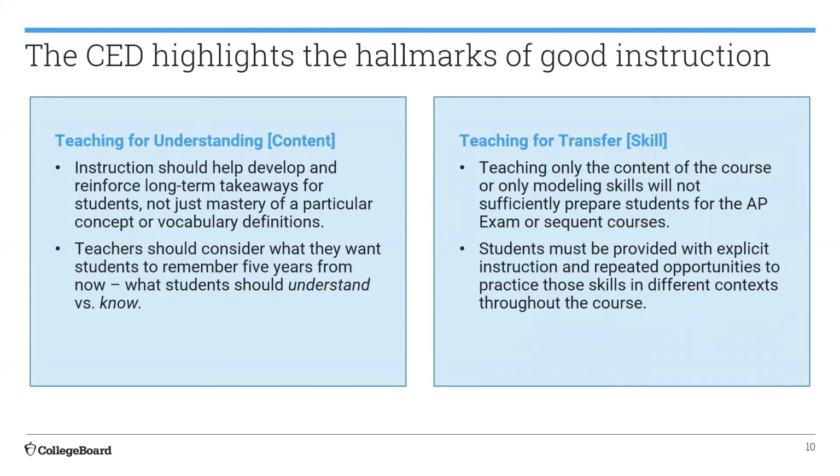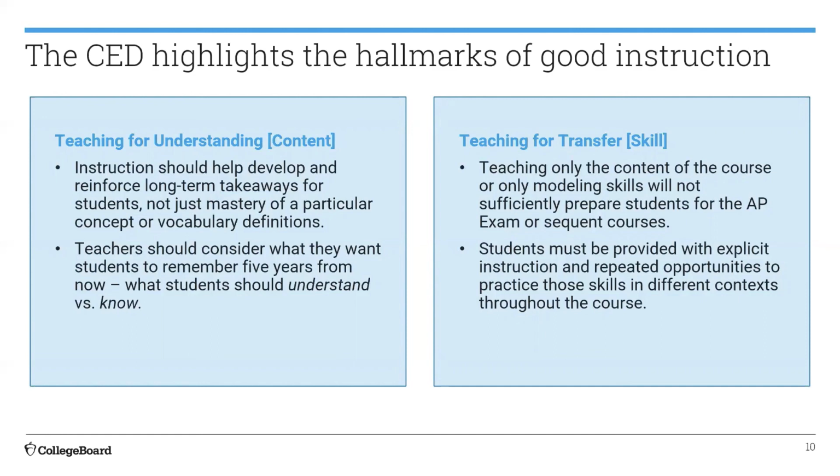We also know that students are going to need specific and repeated opportunities to practice skills in different contexts throughout the course. It's one thing when you teach content, you usually teach it once and you move on. You teach about a particular historical figure usually once, and then you move on.